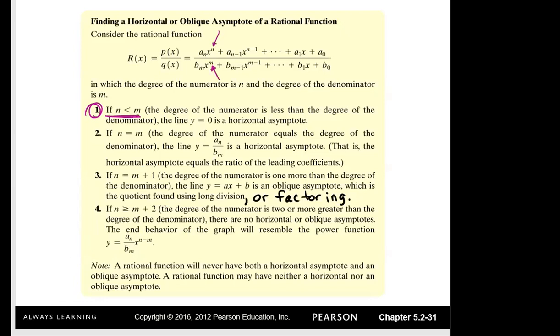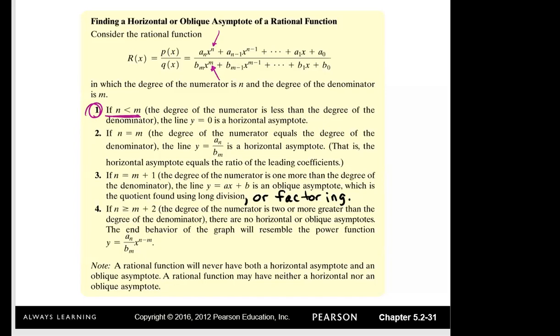They have written the numerator and the denominator, where they wrote a sub n times x to the n plus a sub n minus 1 x to the n minus 1, which is just PhD double talk in math.